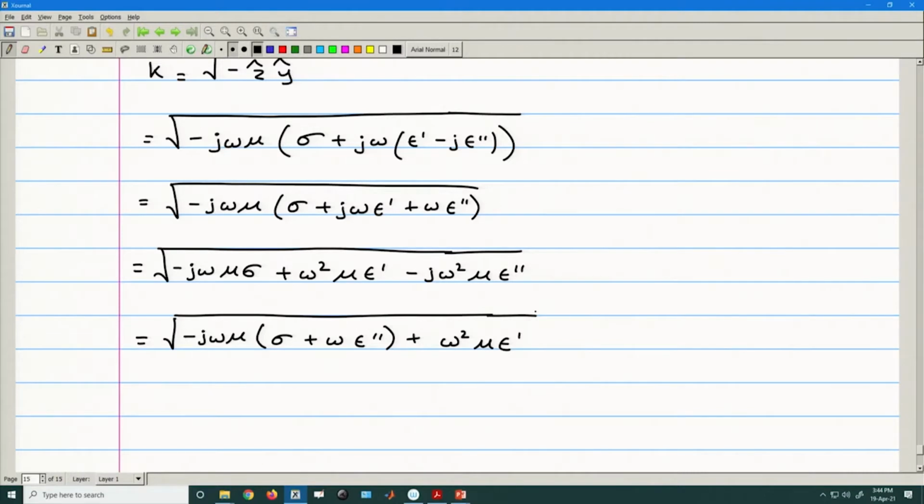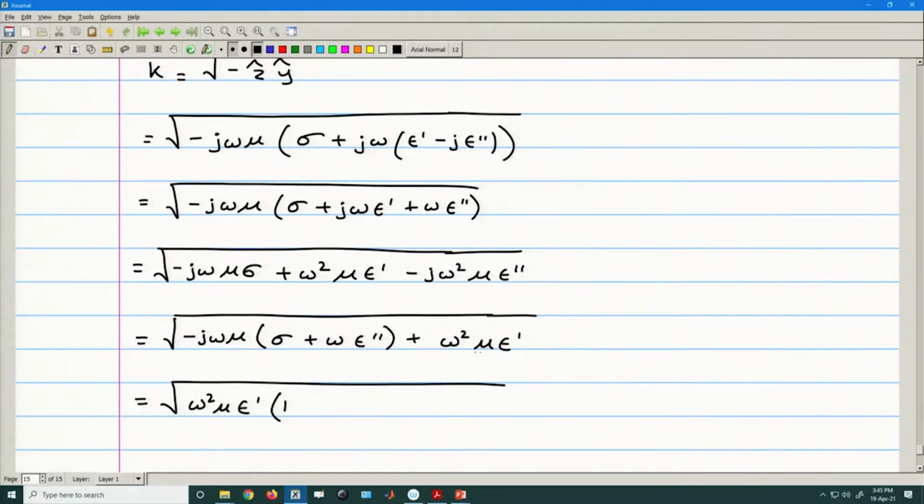Now, simplifying, we can write omega square mu epsilon prime, okay, 1 plus, sorry, this will be minus.